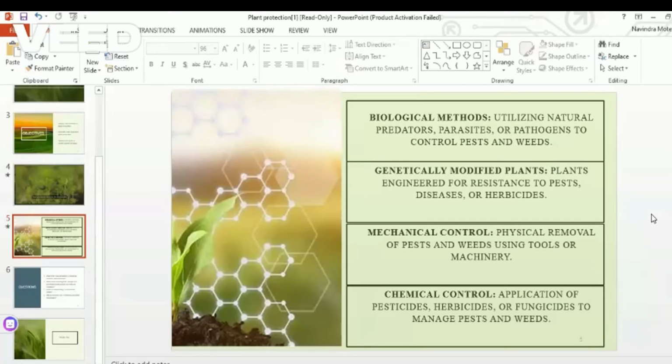Any question? Miss, so for this one we would use a spray can? Yes. Okay, Miss. Miss, I heard you mention that it could also kill useful organisms if we don't use the chemical control correctly.